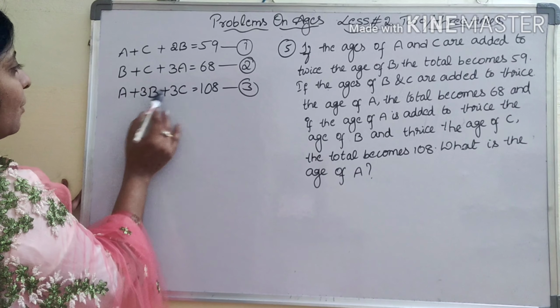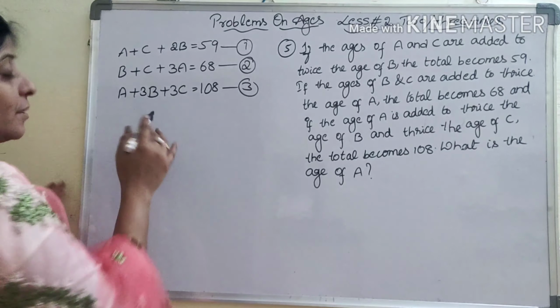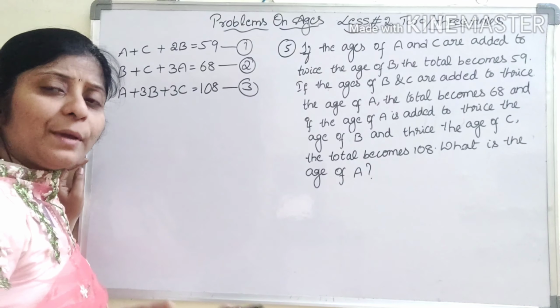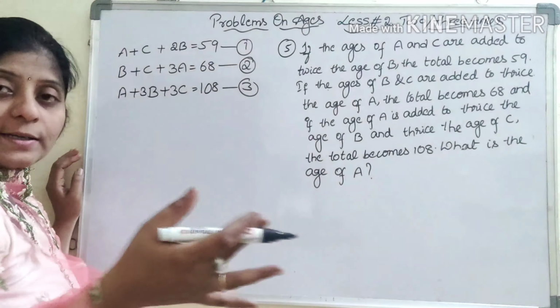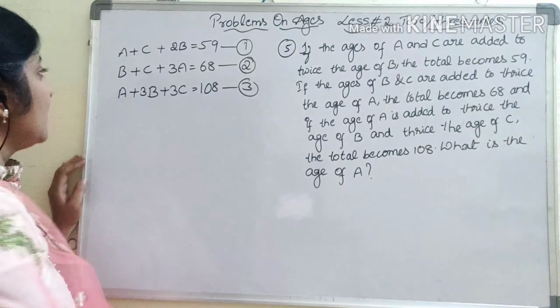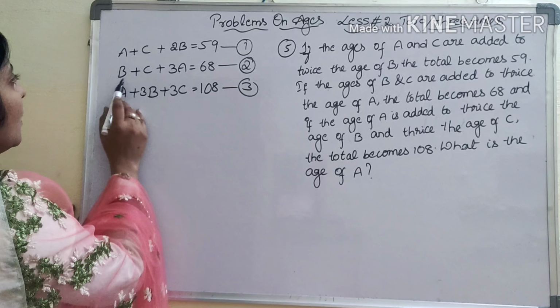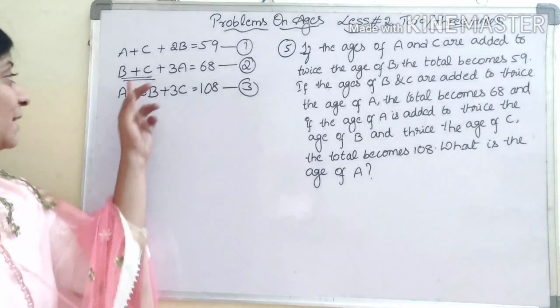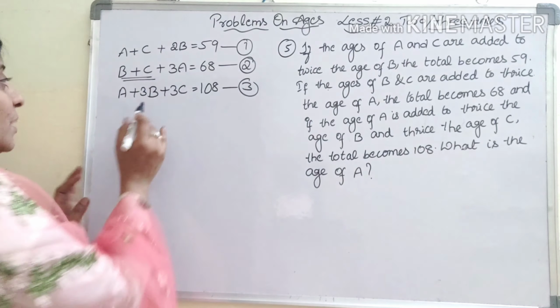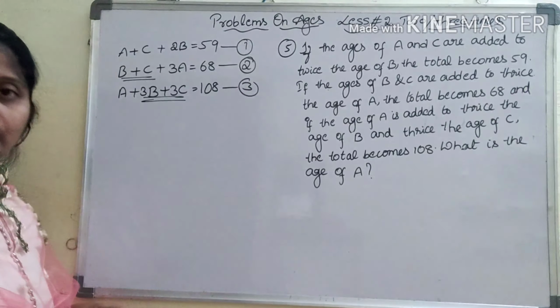So here 3B and 3C is there, so it can be written as 3 multiplied by B plus C. If we get B plus C, then we can easily solve it. If you see the second equation, clearly B plus C only is there.